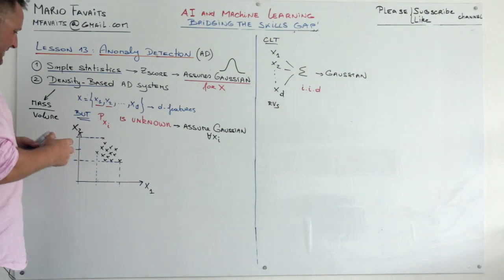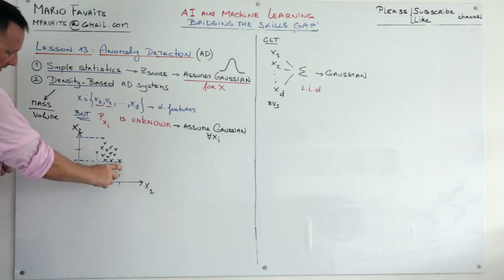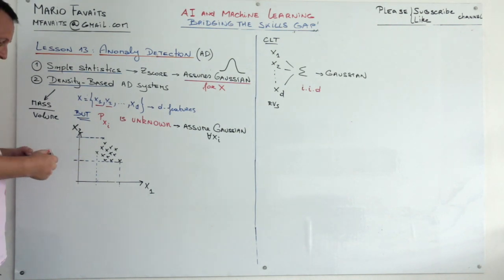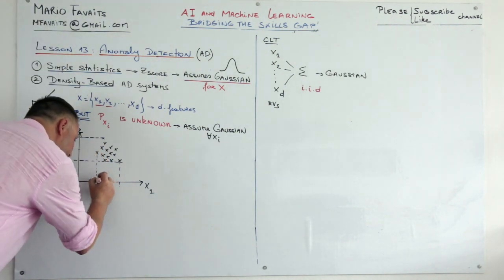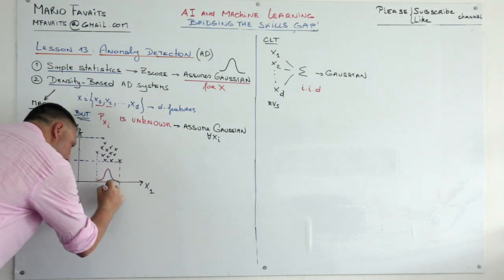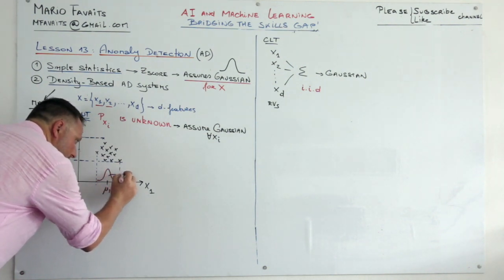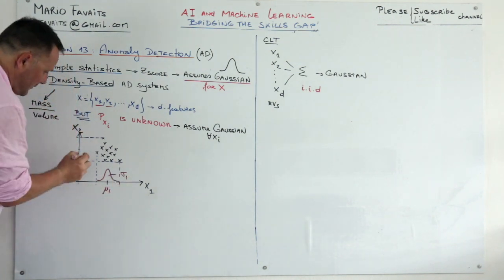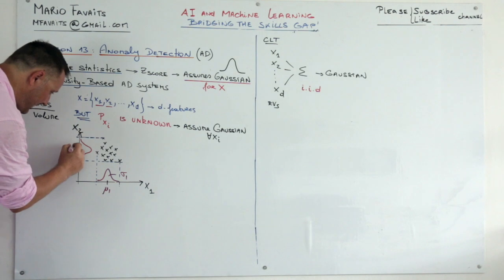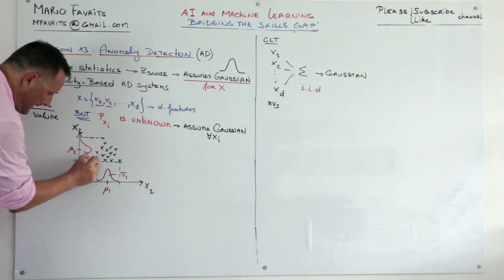Alright, so we assume these are Gaussian, and here I've shown the range, and here you have your first Gaussian. This is going to be mu1, and this is going to be a standard deviation sigma 1, and here you have your other Gaussian where you have a mu2 and a sigma 2.